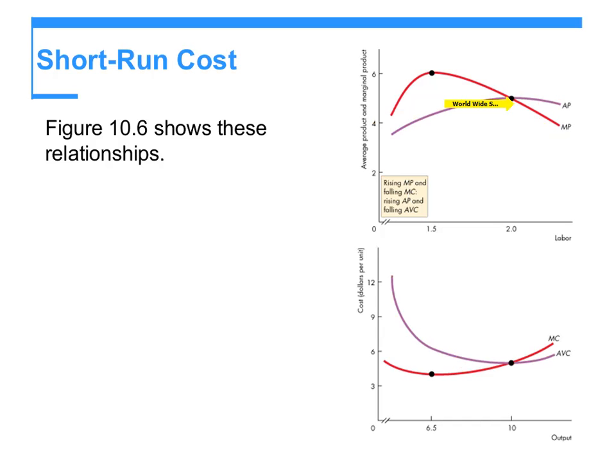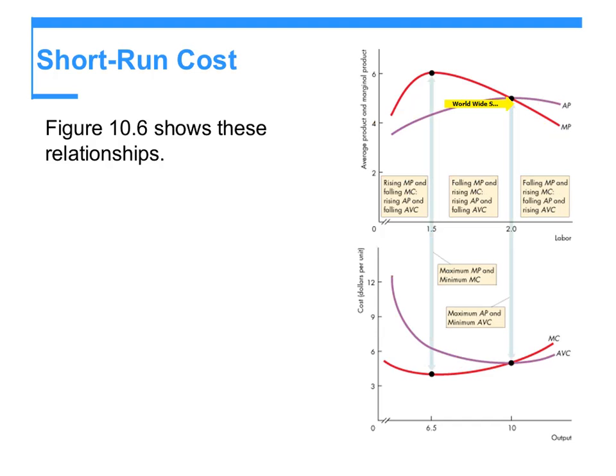Very simple. Rising MP and falling MC, rising AP and falling AVC. Falling MP and rising MC, the one that I just explained for you, and these two. At certain points, the shape starts changing.